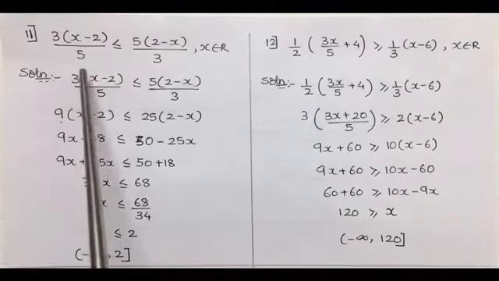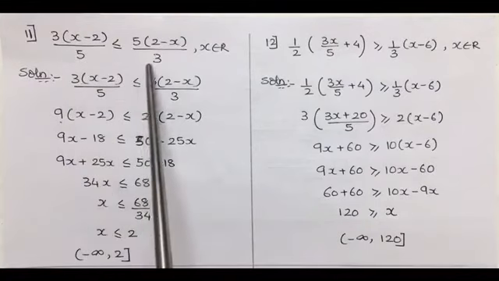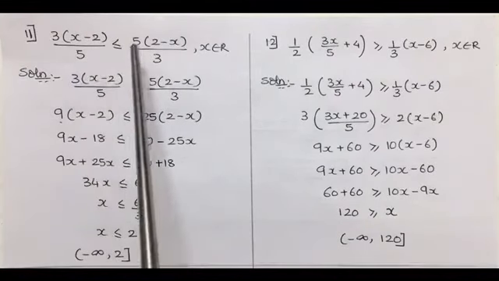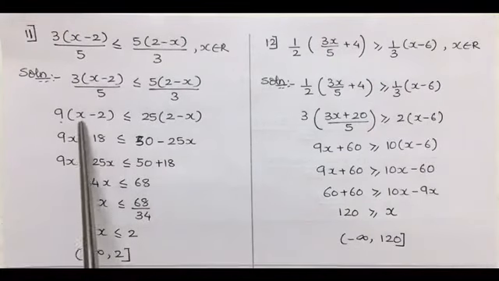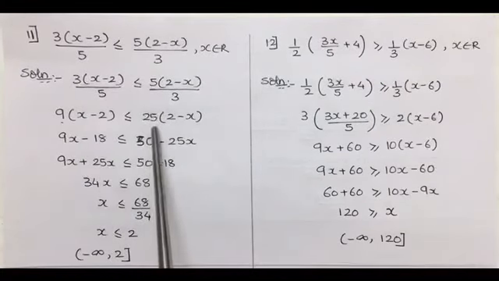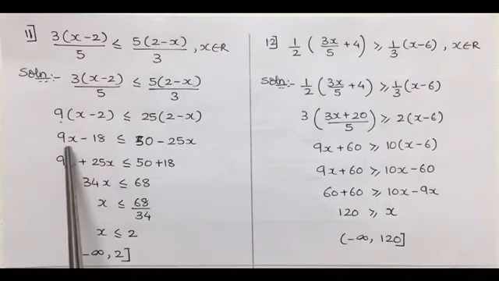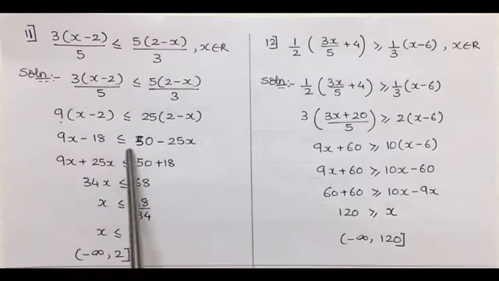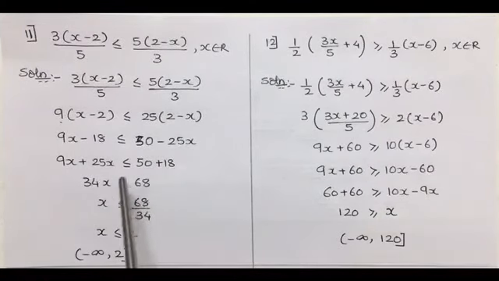The 11th one, again the fraction values are given on both sides. So taking up the cross multiplication, the very first step, we get 3 into 3 as 9, 5 into 5 as 25. Opening the bracket, we get 9x minus 18 less than or equal to 50 minus 25x.